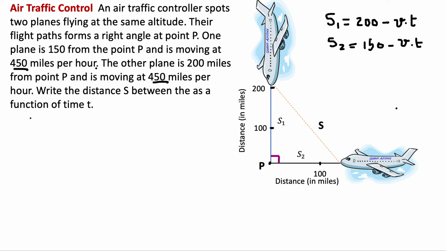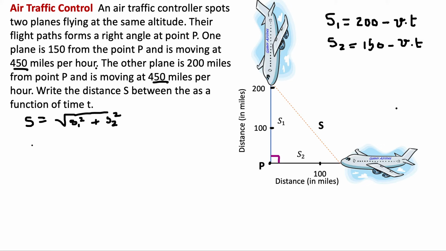Because this is a right triangle, we can use the Pythagorean theorem. The distance here is the hypotenuse, equal to the square root of s1 squared plus s2 squared.